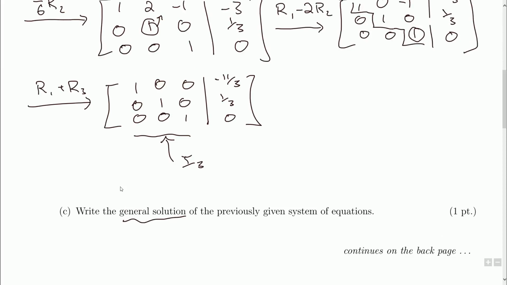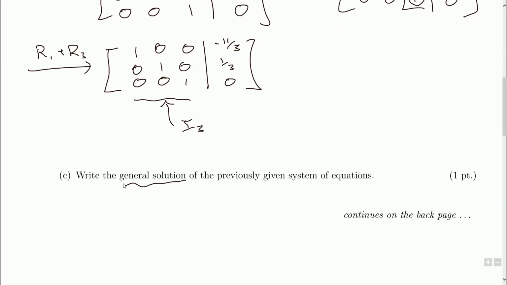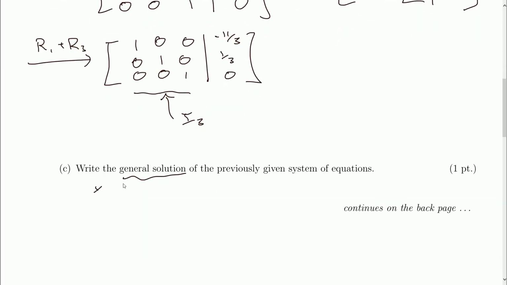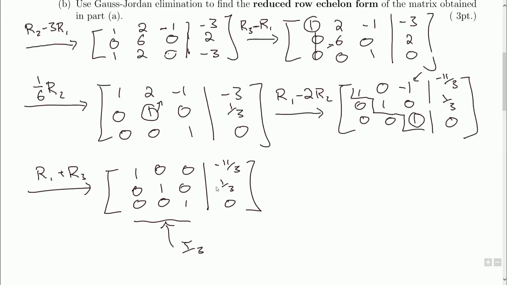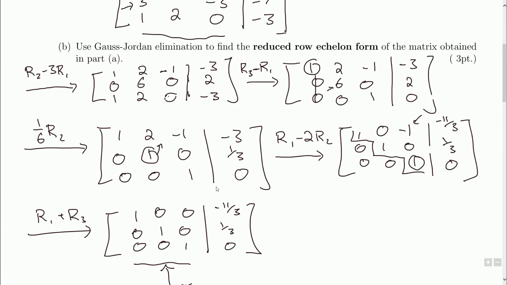Or we could just translate it back. x1 plus 0x2 plus 0x3 is negative 11/3. x2 is 1/3, and x3 is 0.